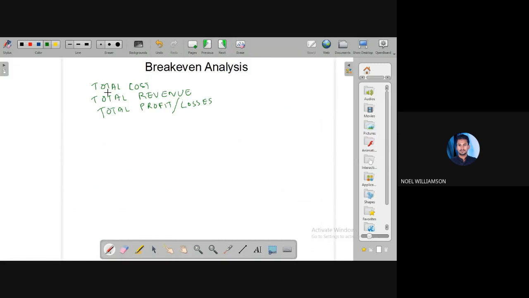Now there are two types of cost. Regarding the cost of production, we can classify it into two types. First one is the fixed cost, and another is the variable cost.